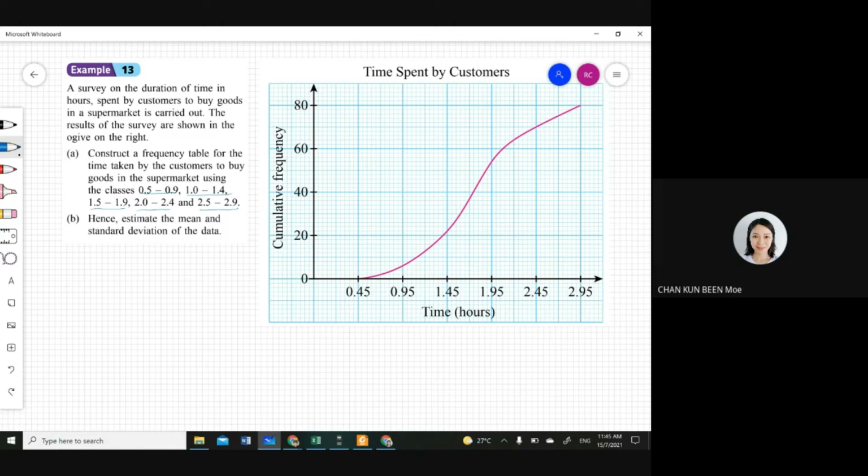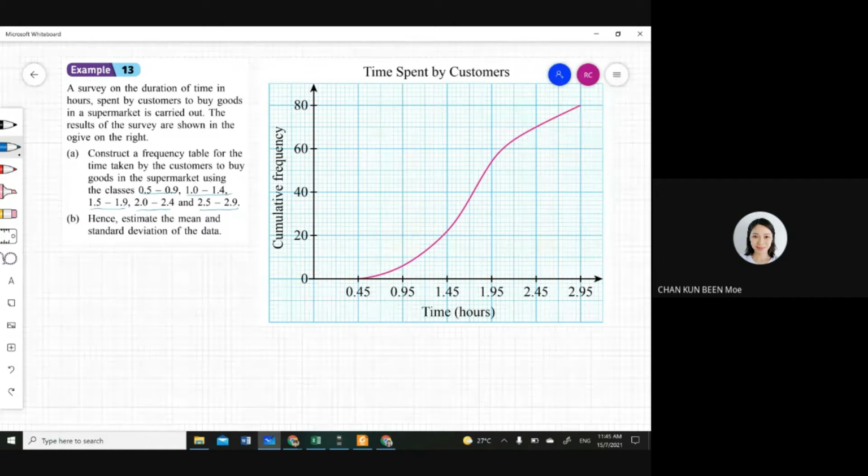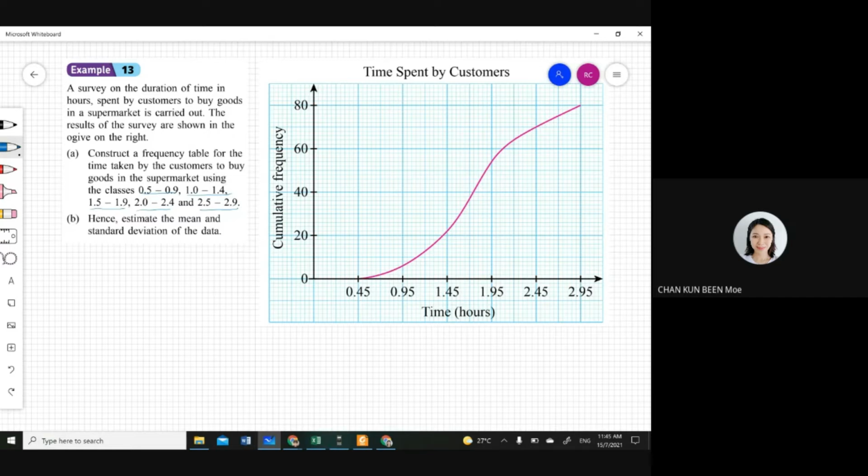Now you remember previously when we want to construct ogive, we need to have our frequency table, right? After that, you find out the cumulative frequency. That's why we have cumulative frequency on the right. So now you are given the ogive, it's turning back. You are doing it backward. You are given the ogive, you need to construct the frequency table. So how to do that?